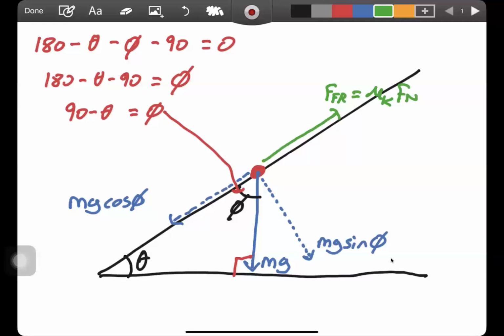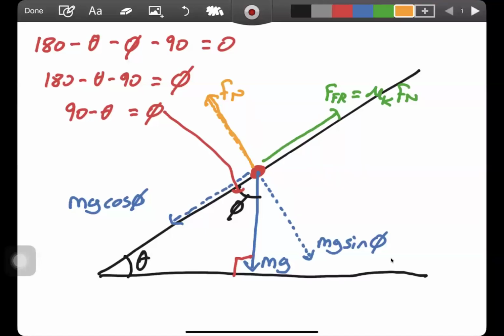Well, what is the normal force? The normal force is going to be how much the incline pushes back up on the ball. And so I'm going to represent it like this. We're going to call that the normal force. And do you see how it opposes the mg sine phi term? Which again is the same thing as mg sine of 90 minus theta.